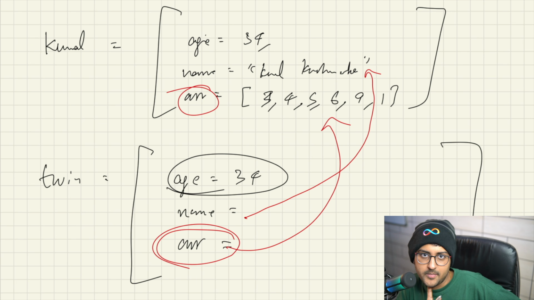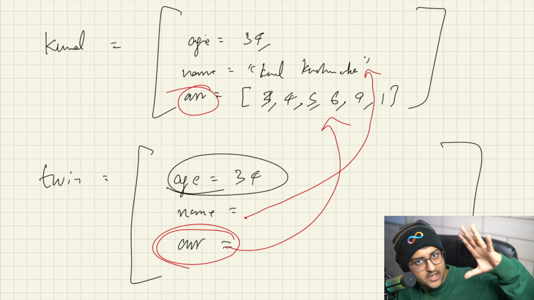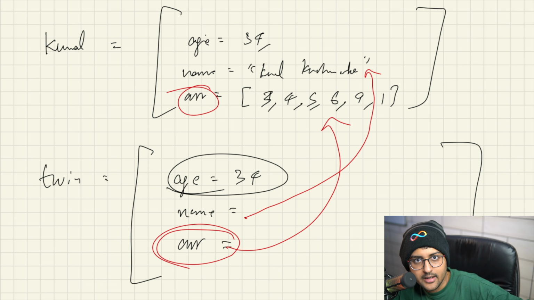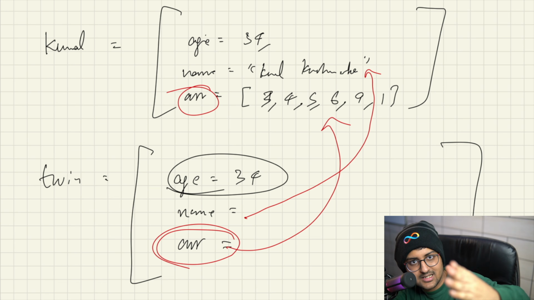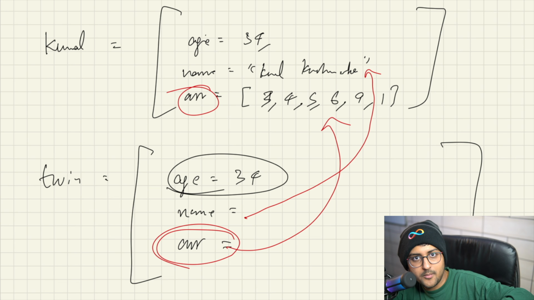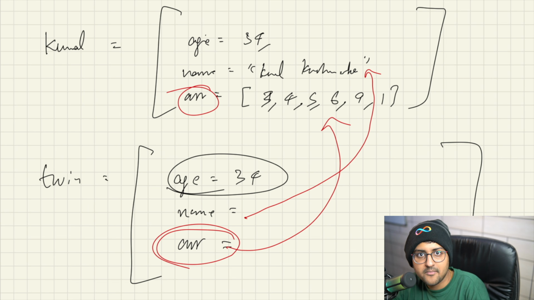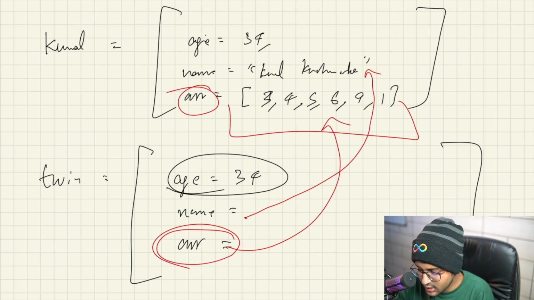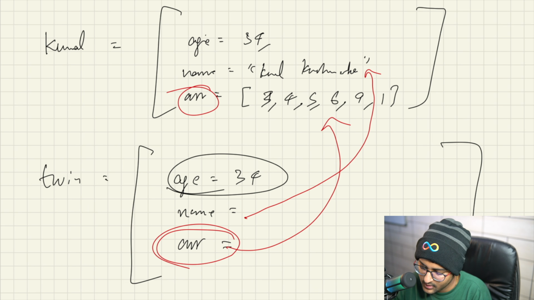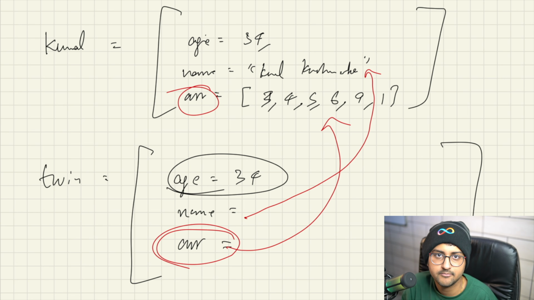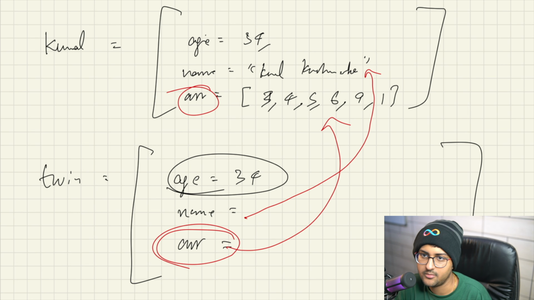This is what shallow copy is. Inside the copy you have created, the value for those objects will not be new, it will not create a new array and put it over here. No, it will actually just point to the one in the original object whose copy you are creating. That's why a change through this results in a change in the original object. This is known as shallow copy.